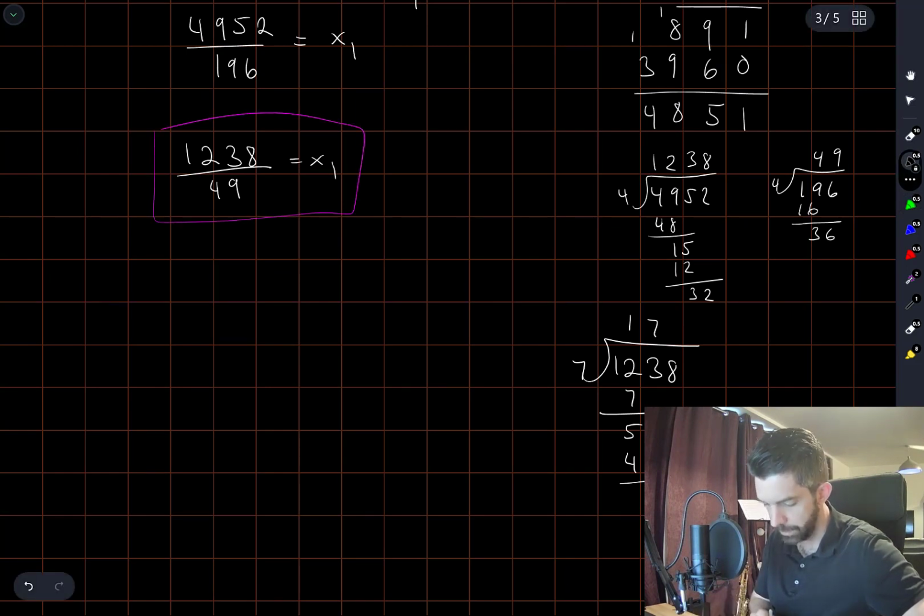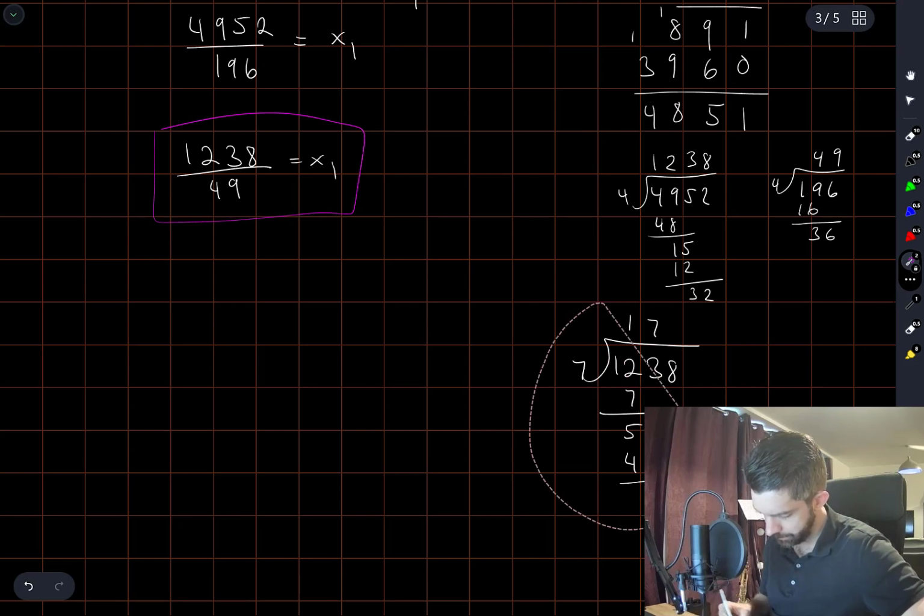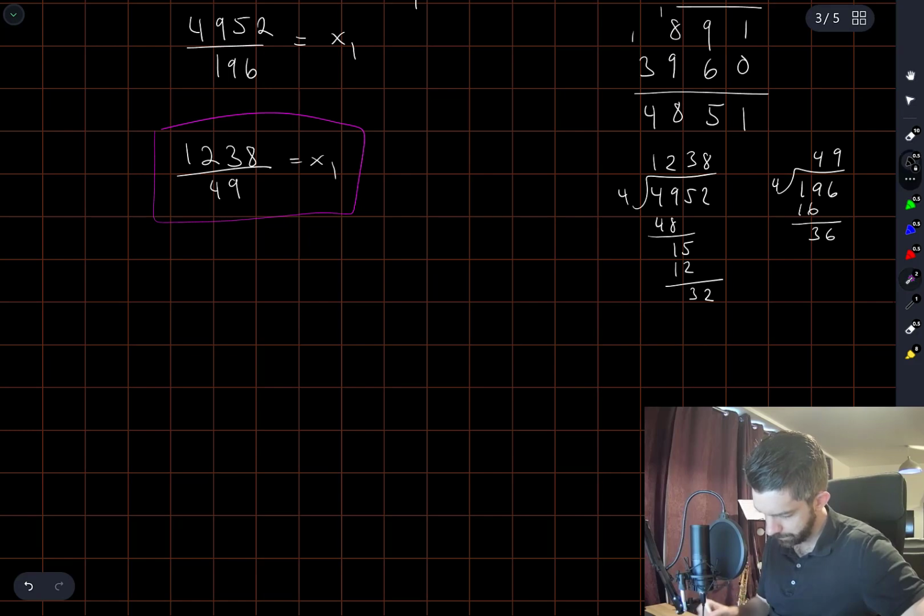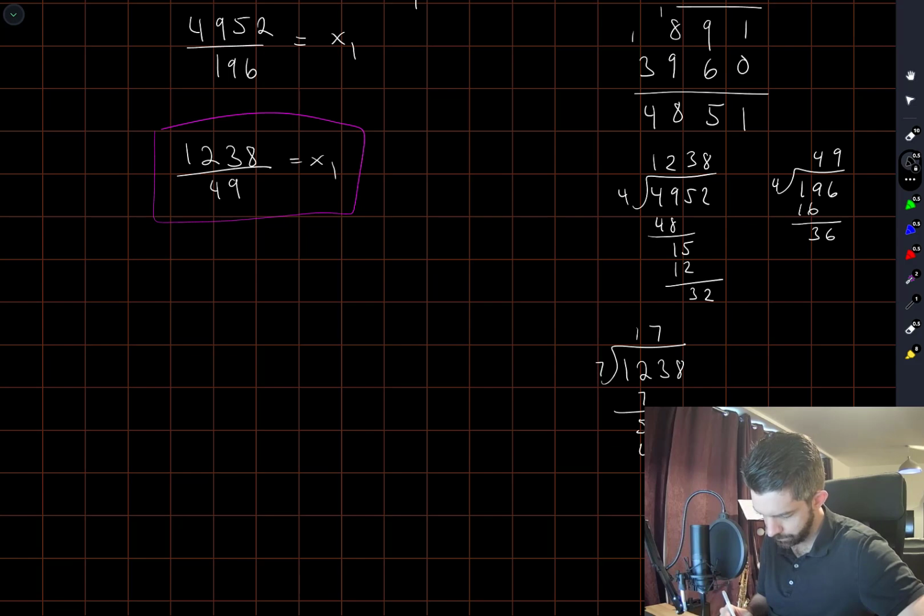The bottom is divisible by 7, but it doesn't look like the numerator is divisible by 7. Let me just check that again quickly. Yeah, the numerator is not divisible by 7.